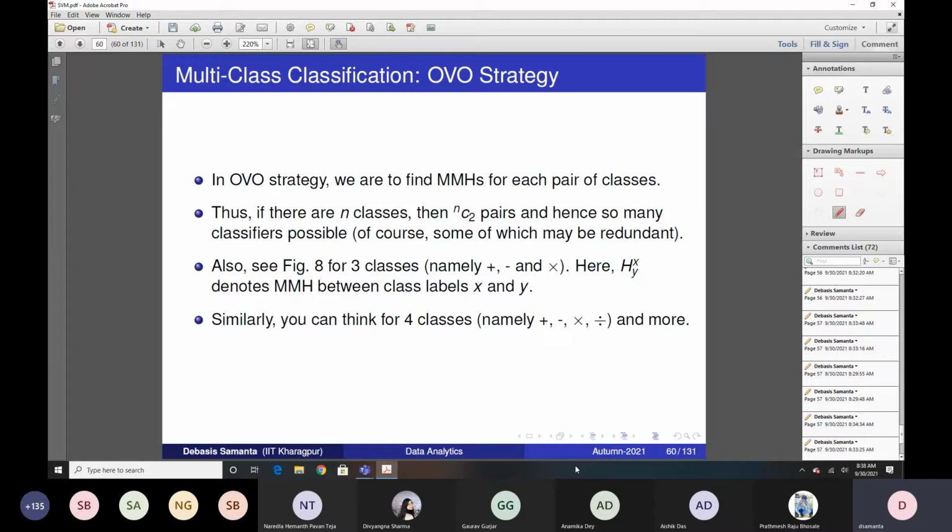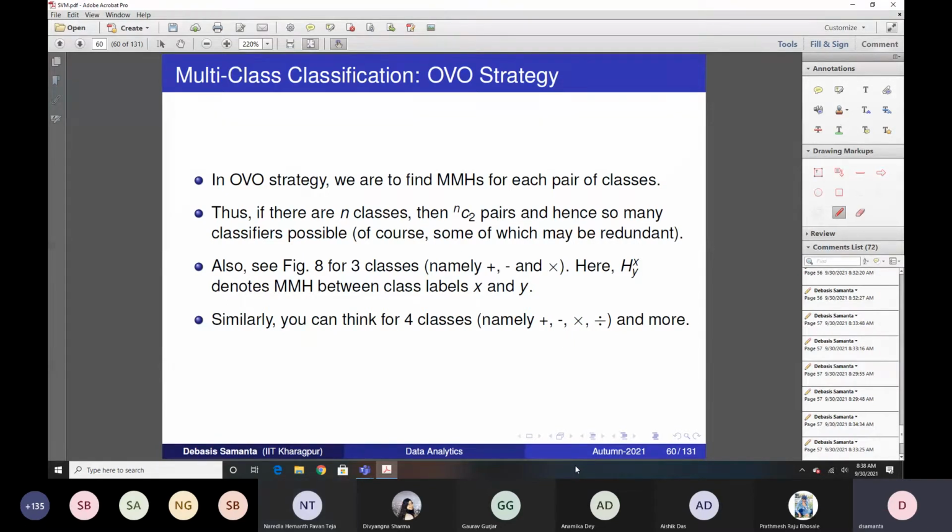Ignore all the training data which belongs to the cross class. Obviously, this will give you fewer data. Now you can apply your linear SVM, but limited to plus and minus. So there is one hyperplane you can have, and corresponding to that hyperplane, del 1x is the decision maker.